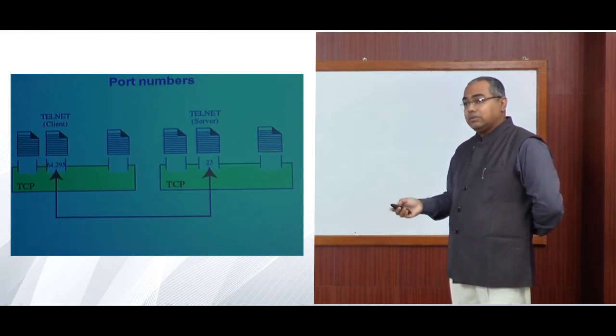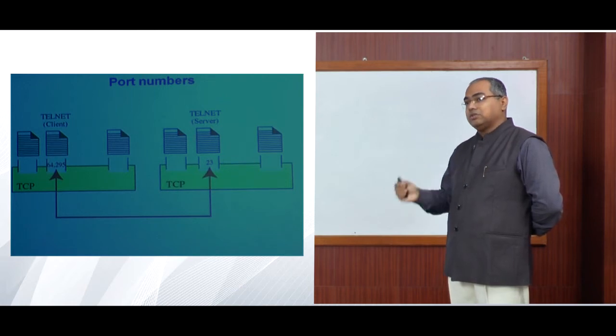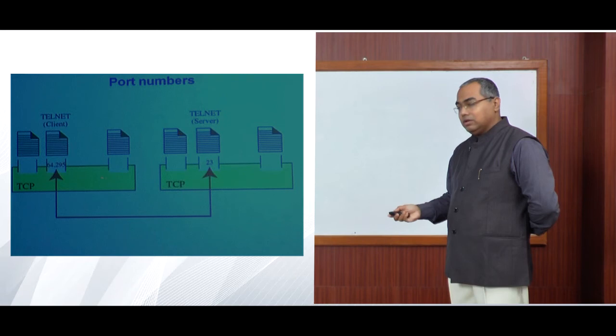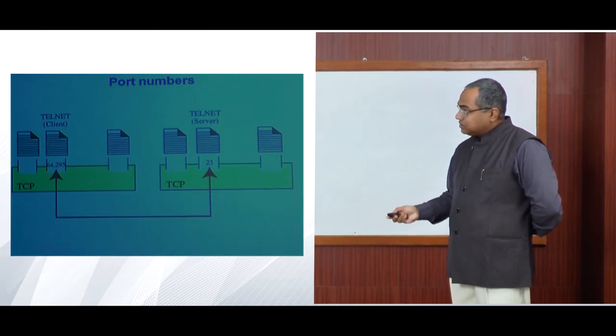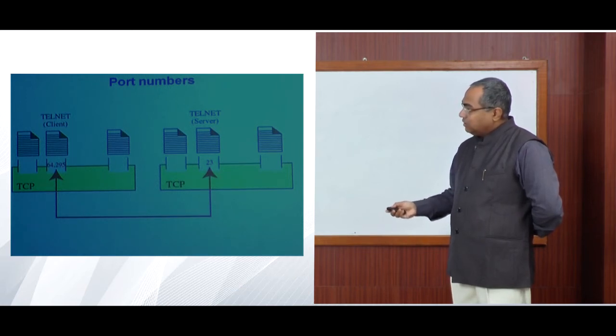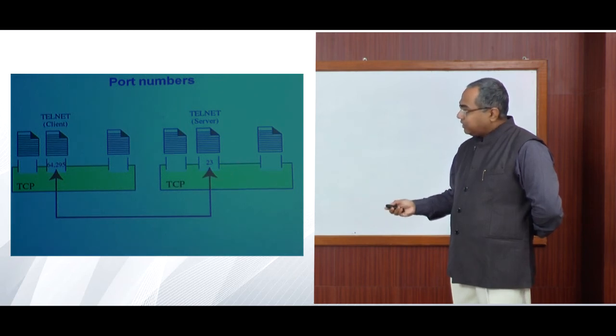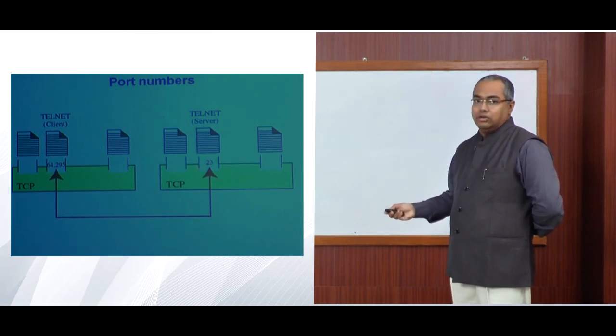Last slide we talked about that this process to process communication is the job of my TCP protocol. So this port address is dynamic or ephemeral port address which is appended in the request which is being sent to the server process. Server port address is standard or default 23 for Telnet.